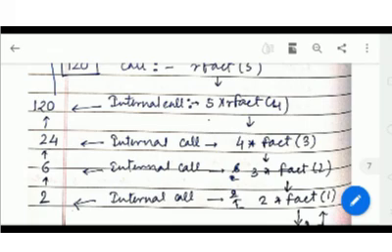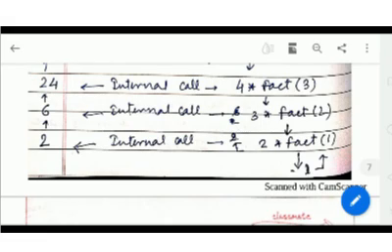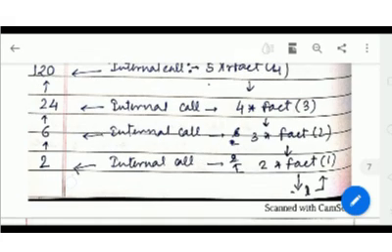Next time when it is called with 4, n is 4 now, 4 into fact of 3, because n minus 1 is 3. When it is called with 3, 3 into fact of 2. When it is called with 2, 2 into fact of 1. When it is called with 1, it will return 1. So in place of fact 1, it will be 1, and 2 into 1 will be returned. You can see on the left hand side.